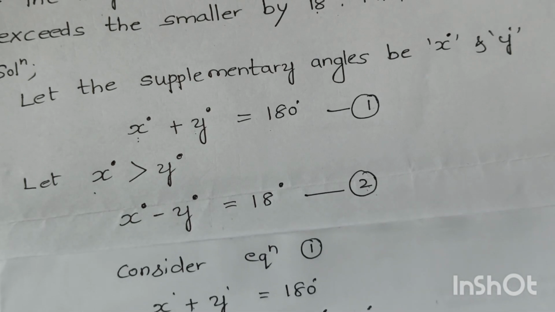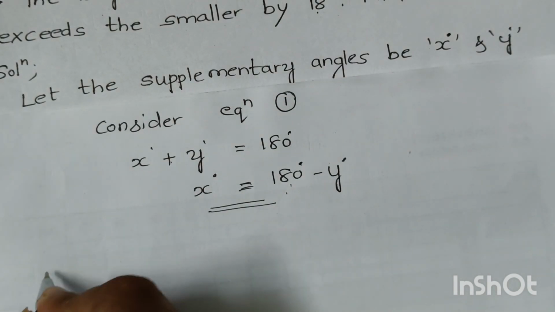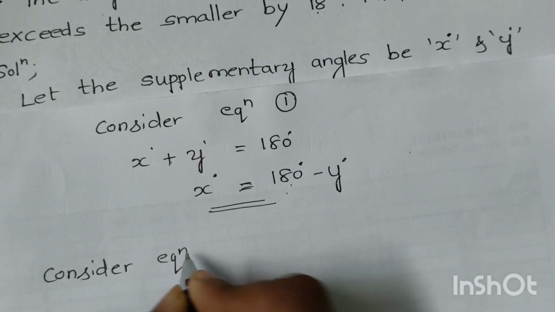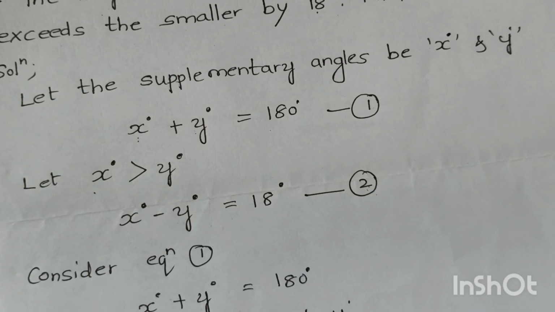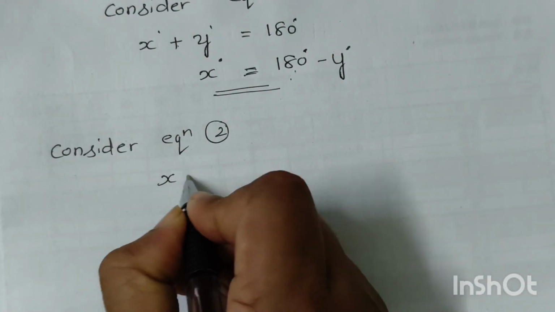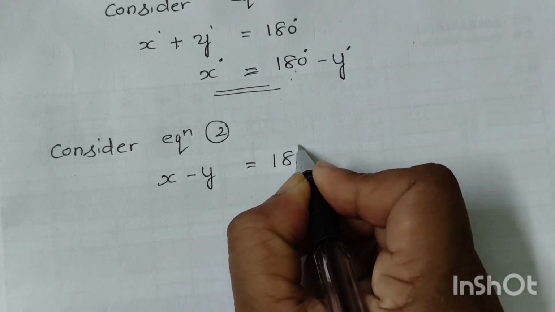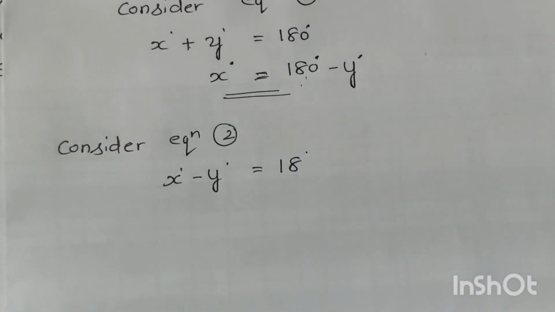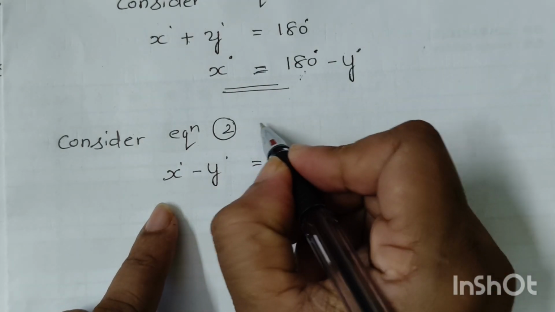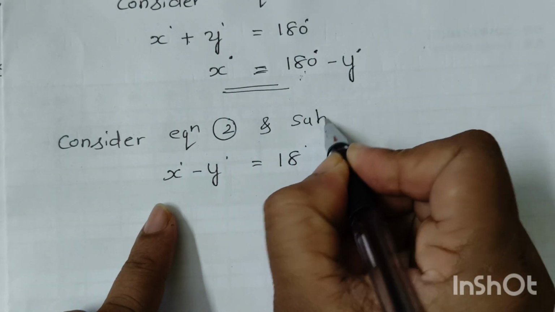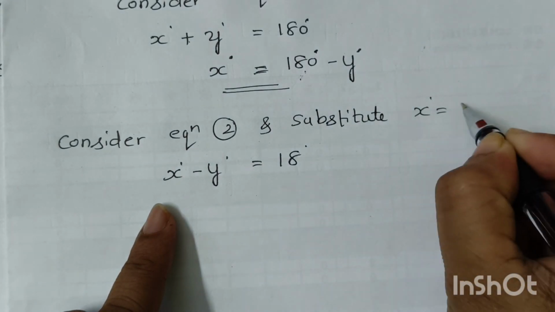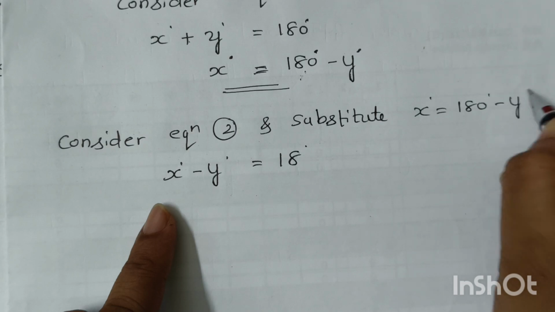Consider equation 2, that is x minus y is equal to 18 degrees. Now in the place of x we can write 180 degrees minus y.